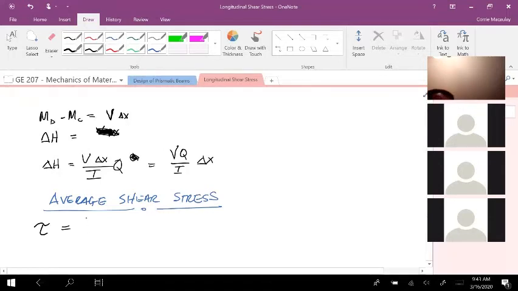Therefore, my shear stress would be my shear force, delta H, divided by some small change in area, delta A. I can therefore write this as delta H, which is VQ over I, delta X, over my delta A, which would be T delta X.